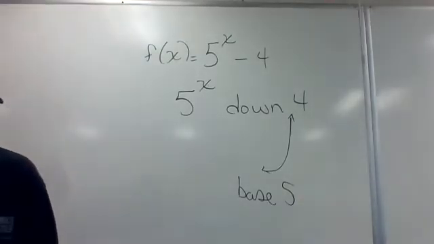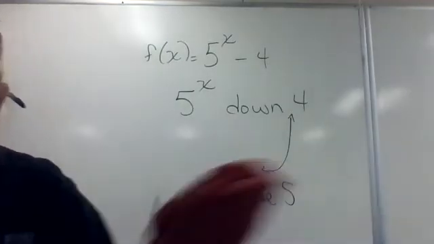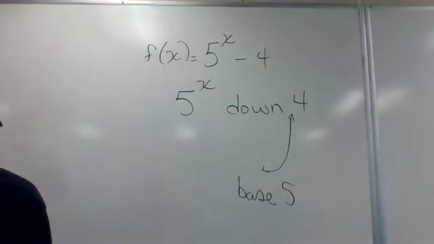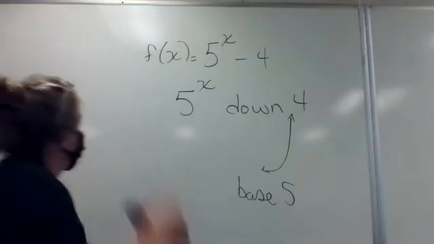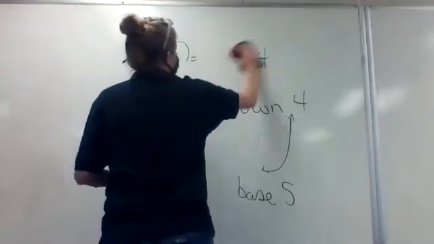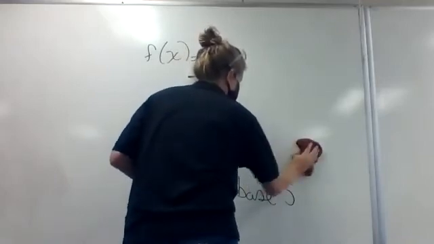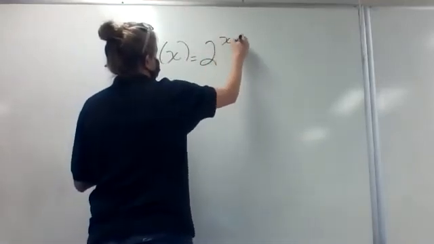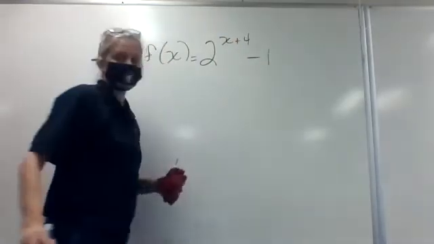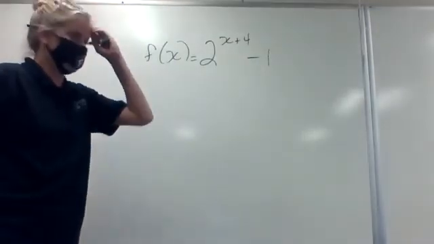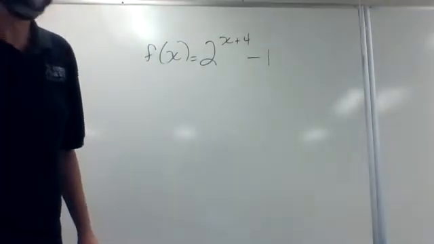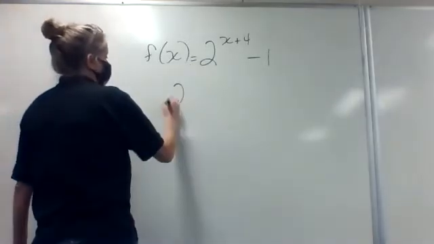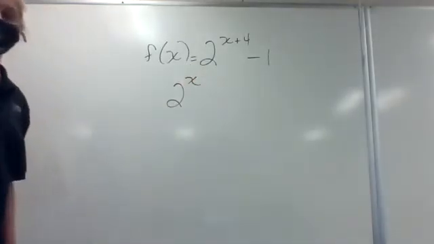Which is another problem like this. It's just got an inside and an outside number. f(x) equals 2 to the x plus 4 minus 1. Okay, so on this one, again, you're starting off with 2 to the x power.